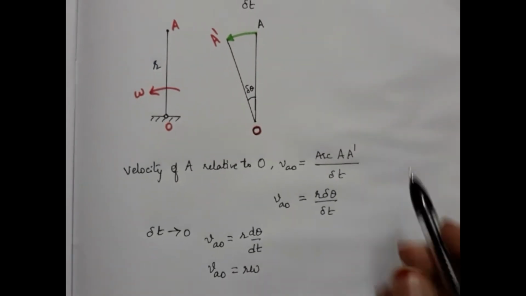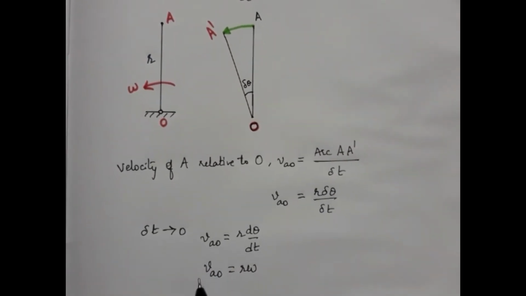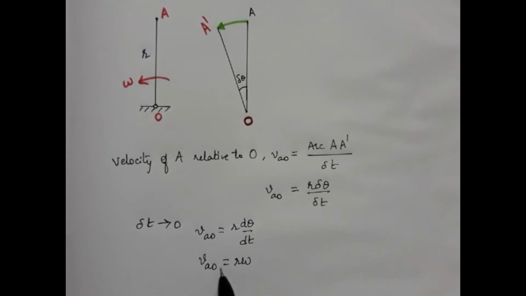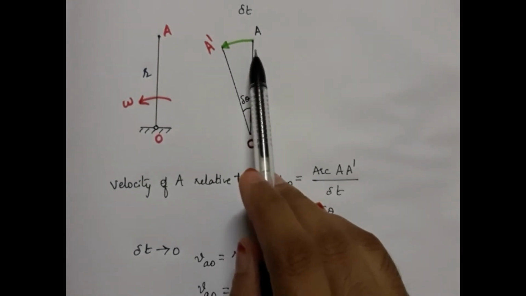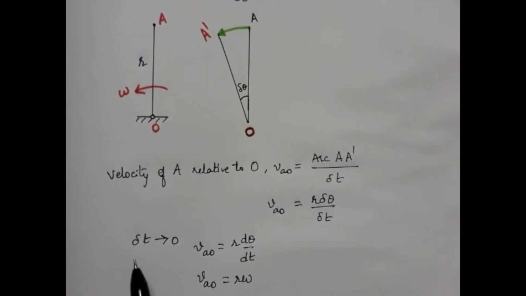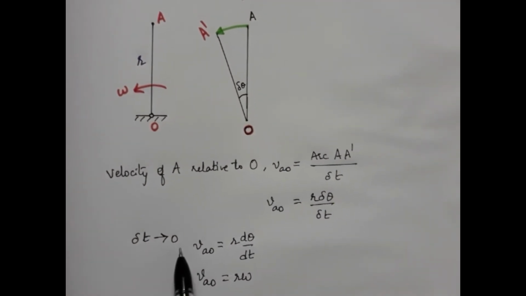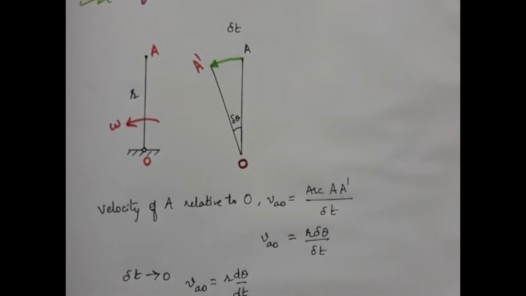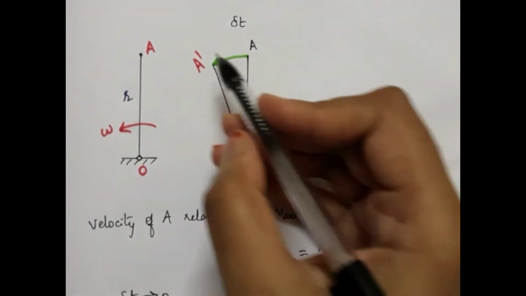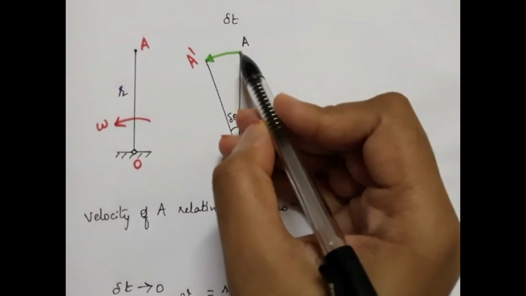Now if we carefully observe, the direction of velocity of A with respect to O, VAO, will be along the displacement of A, because as delta t tends to 0, that means when the time that we are taking is infinitesimally small, A dash will not be somewhere far away.